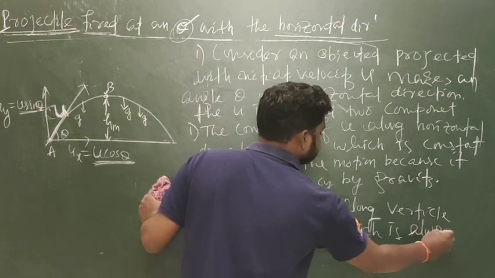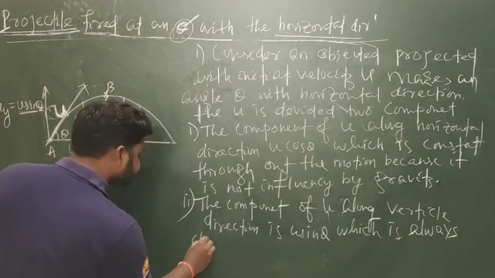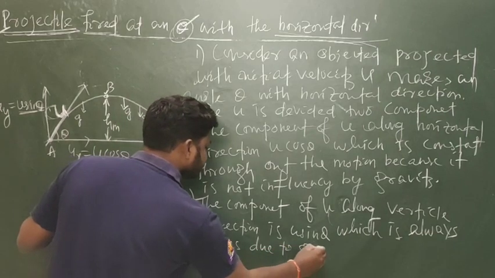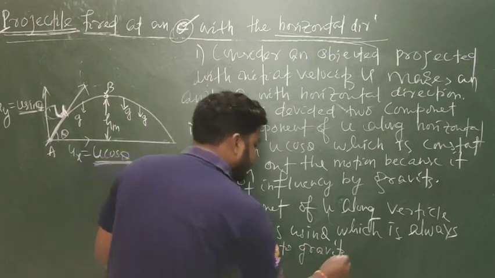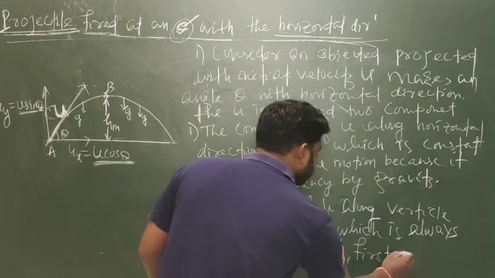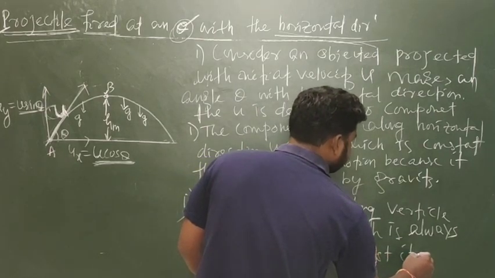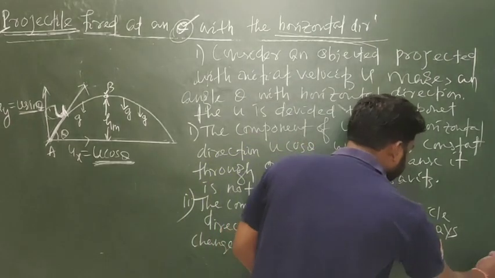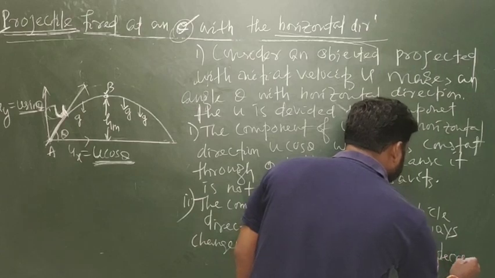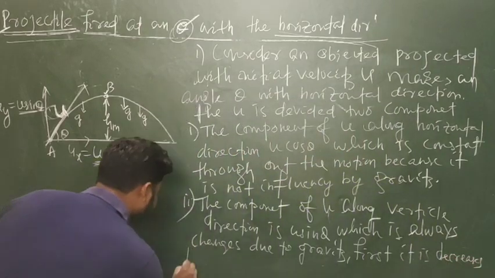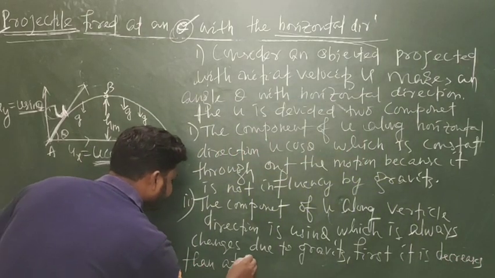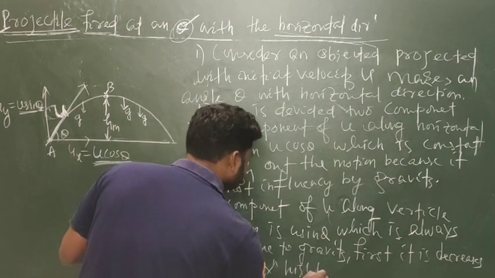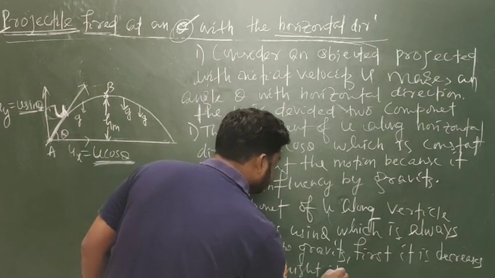So the component of u along the vertical direction, u sin theta, always changes due to gravity. First its velocity decreases. Then at maximum height it is 0.